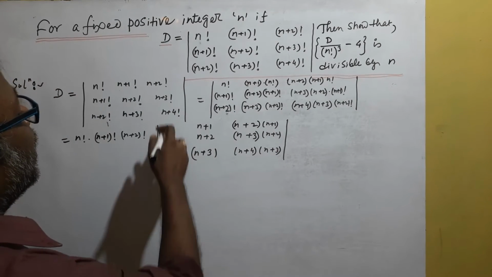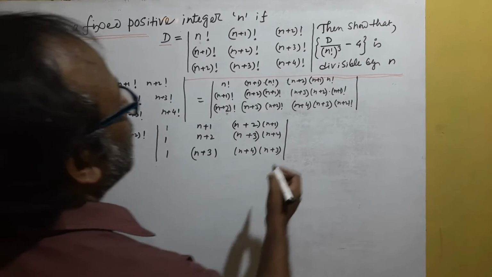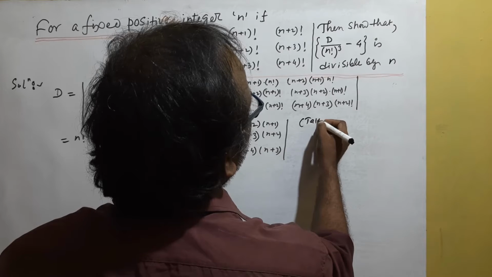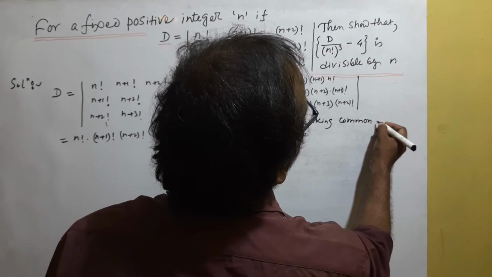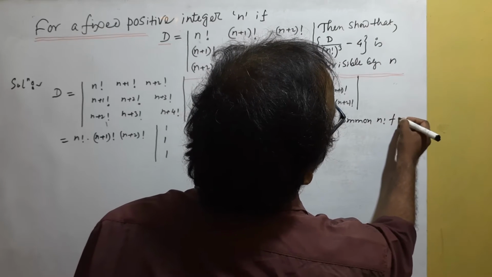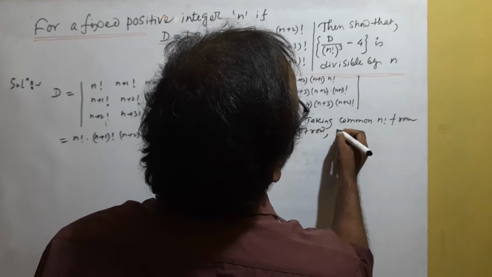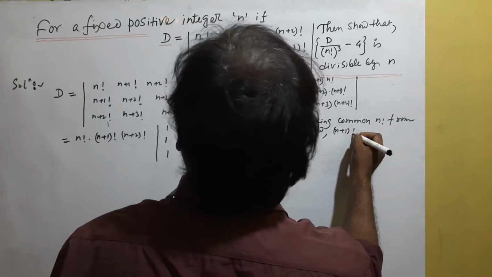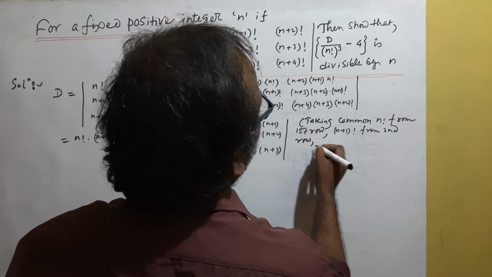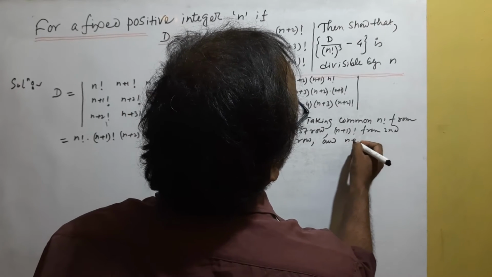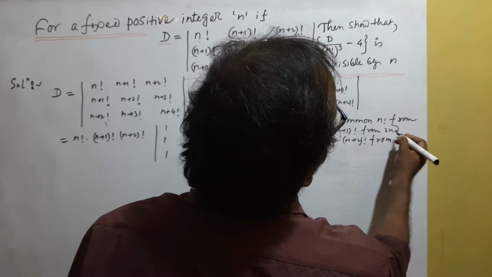so see, here is a 1 in the first column, so we fix that row, taking factorial n from the first row, factorial n plus 1 from the second row, and factorial n plus 2 from the third row.